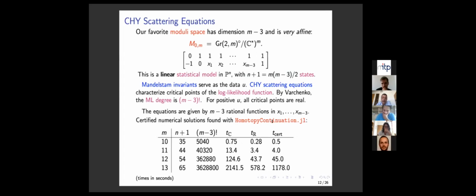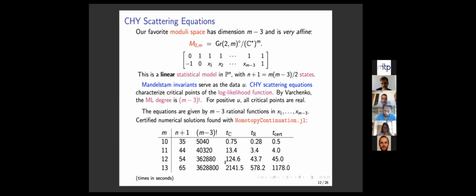And then these three columns are timings measured in seconds. I should explain this. The first time is where I choose complex data and calculate the critical points in a first run for the complex data. Then once I have the full set of critical points reliably for well-conditioned complex data, I can then track them to the desired real point. That goes much faster.